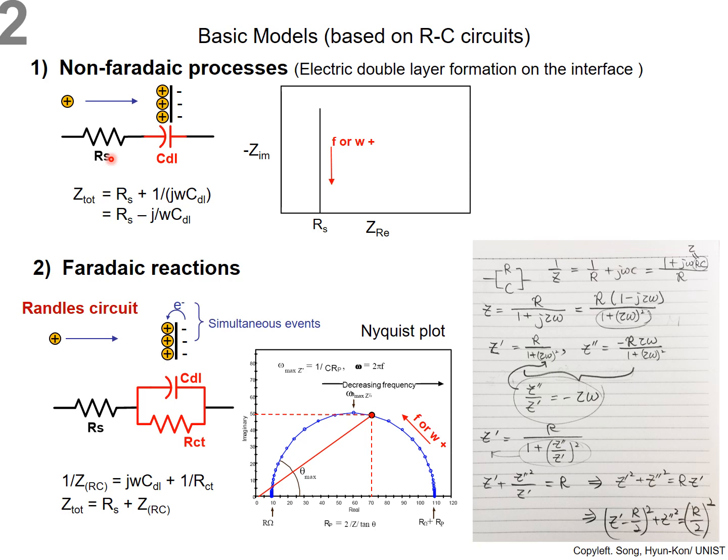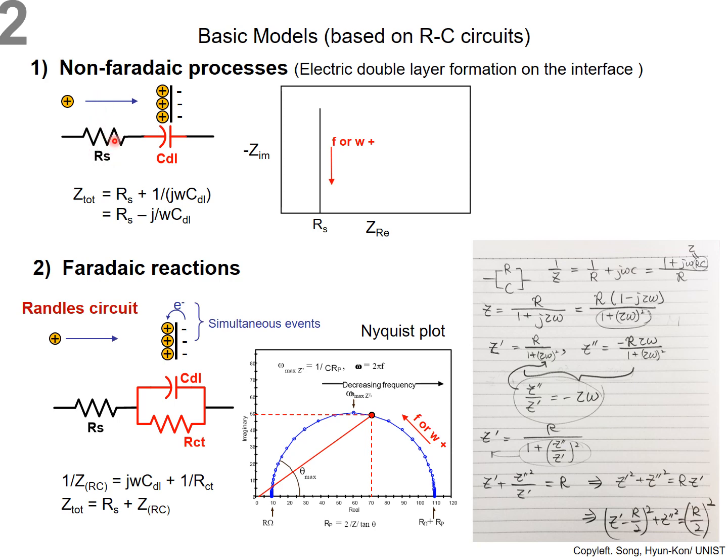If you have higher values of Rs, it means your electrolyte is not very conductive in terms of ionic movement. Or if you have low solution resistance, it means your electrolyte is well conductive in terms of ionic movement.